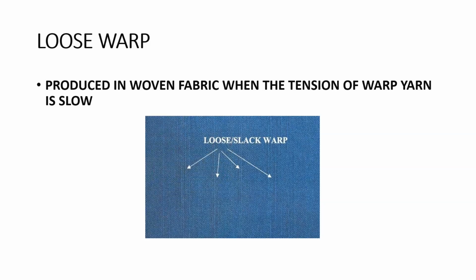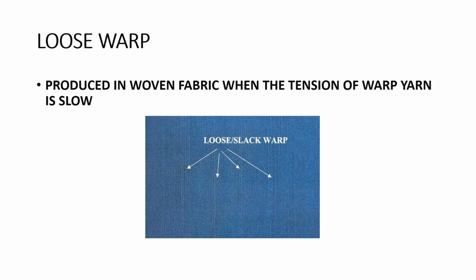So you can see in the warp direction that arrow marks are there in the given image, and you can see easily that in the woven fabric, due to the tension variations, this kind of loose warp may generate, and this has an effect on our eye also.